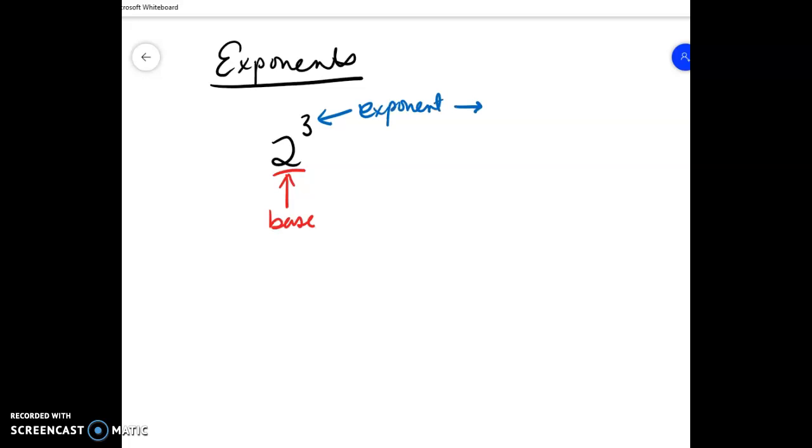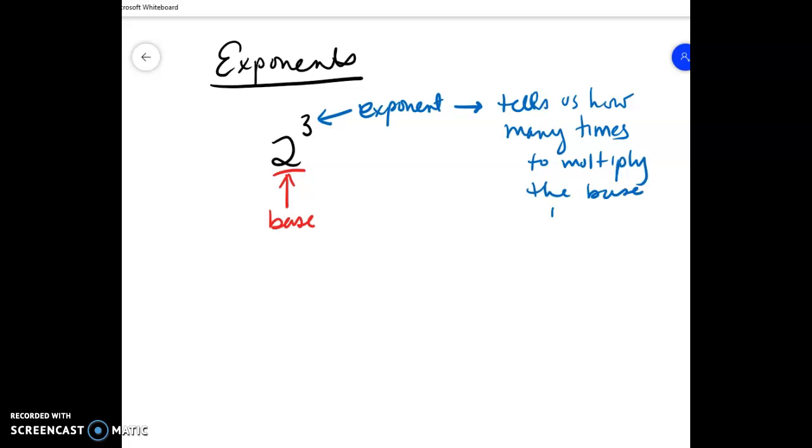The exponent tells us how many times to multiply the base by itself.